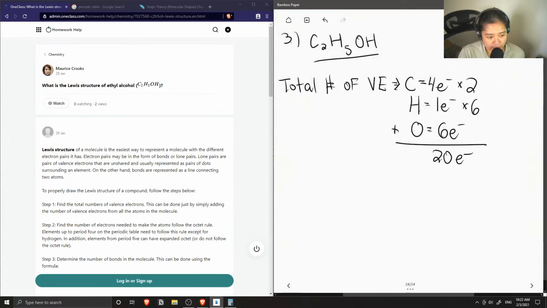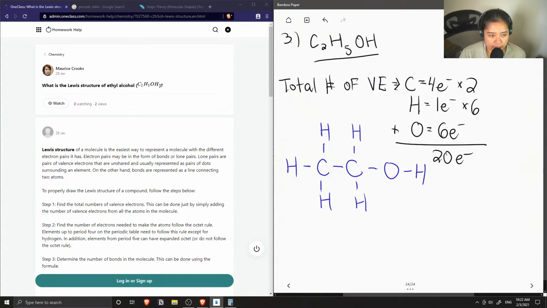So now if we try to draw a skeletal structure for ethyl alcohol, we can show that one carbon can be bonded to another carbon, and we can draw 3 hydrogens out of the 6 on the first one, and show how the oxygen is bonded to the second one. And now we just need to fill in all of the remaining hydrogens like so.